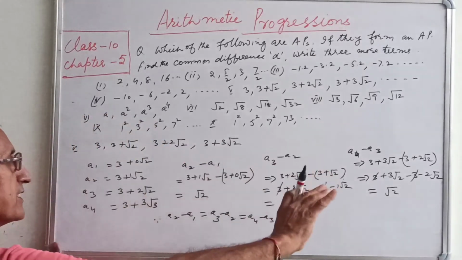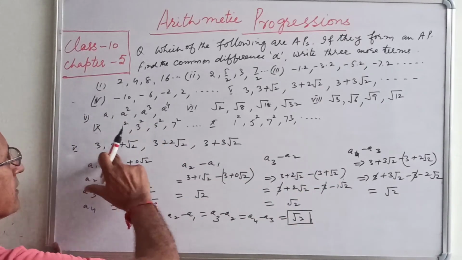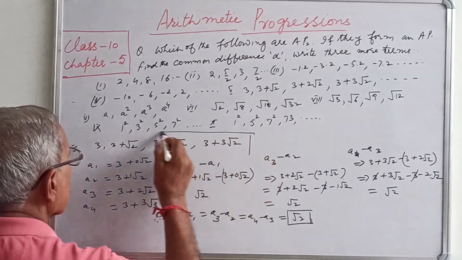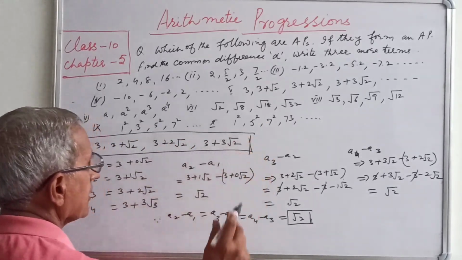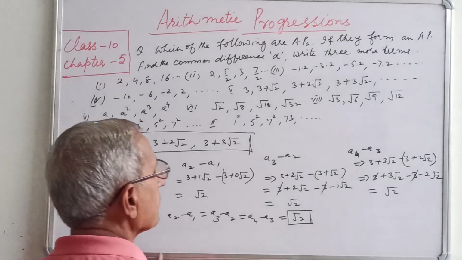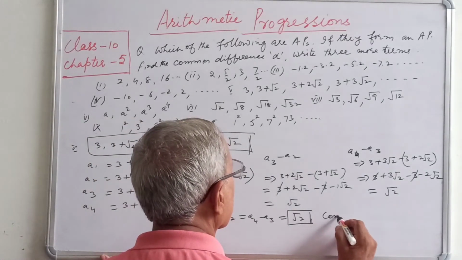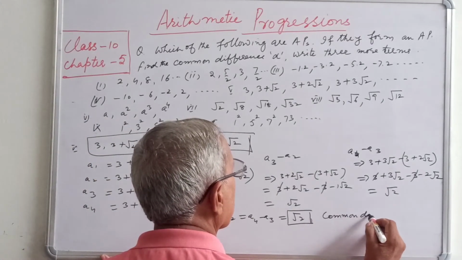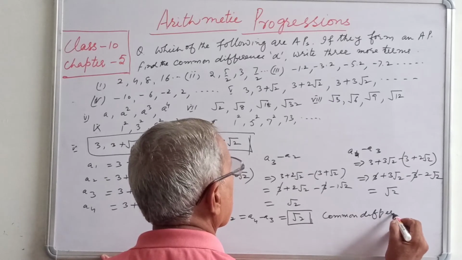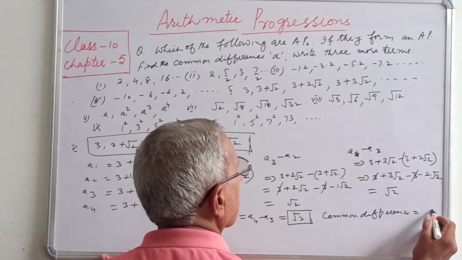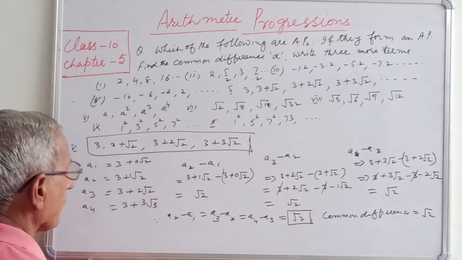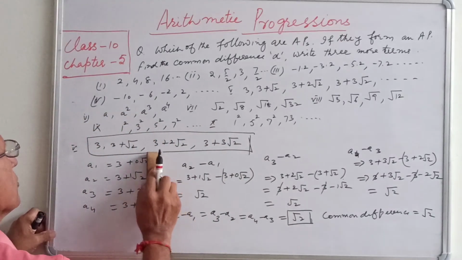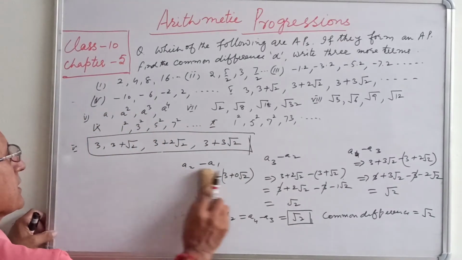Therefore the given sequence is an AP, and the common difference is under root 2. Now we have to find three more terms, A5, A6 and A7.